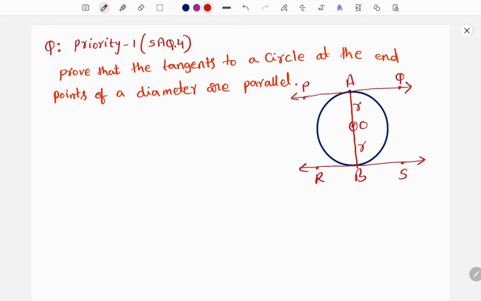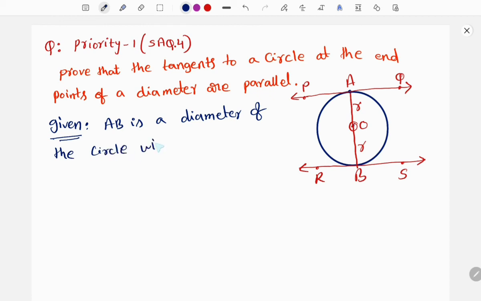Now first write the given information. AB is a diameter of the circle with center O.